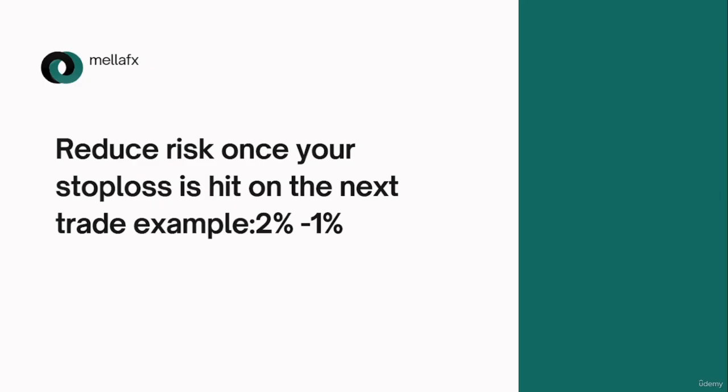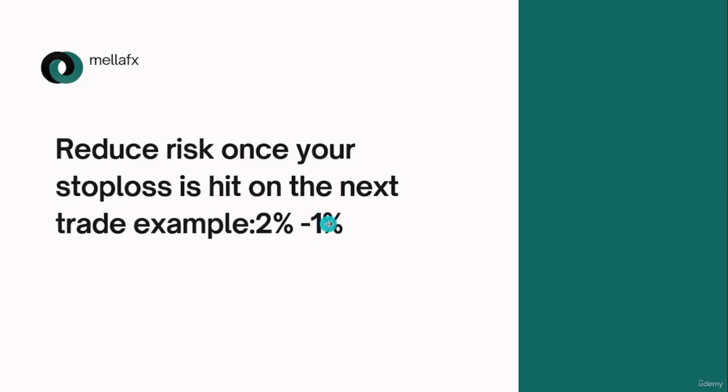The next is what happens when you lose that 1%. The best way we can manage is to reduce your risk on the next trade once your stop loss is hit. For example, if you are risking 2% of your account and you lose this 2%, then on the next trade you only risk 1%.